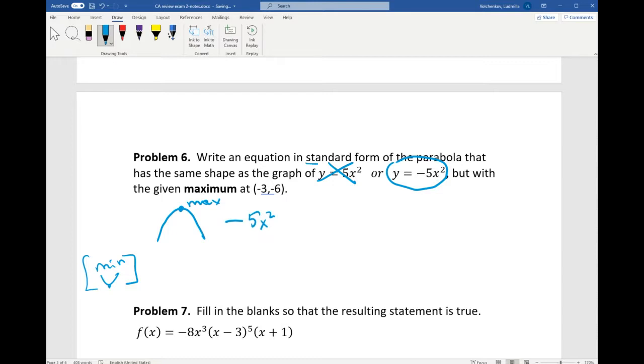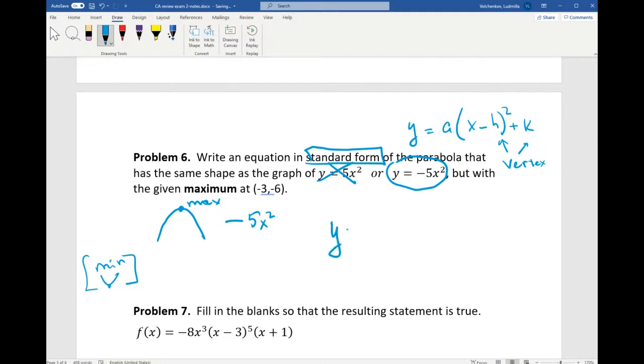So we must write the equation in standard form. Standard form is y equals a times x minus h squared plus k, where h and k are the coordinates of the vertex. Okay, and the maximum is the vertex.